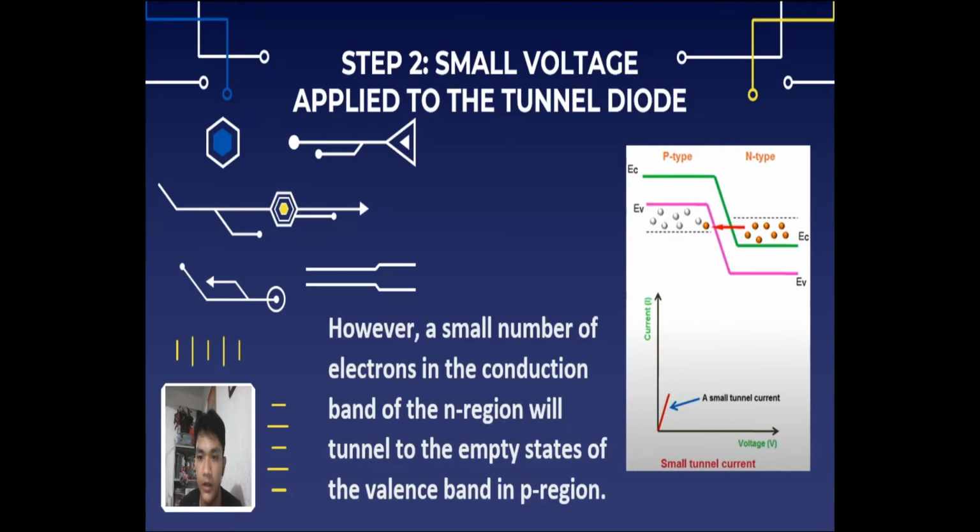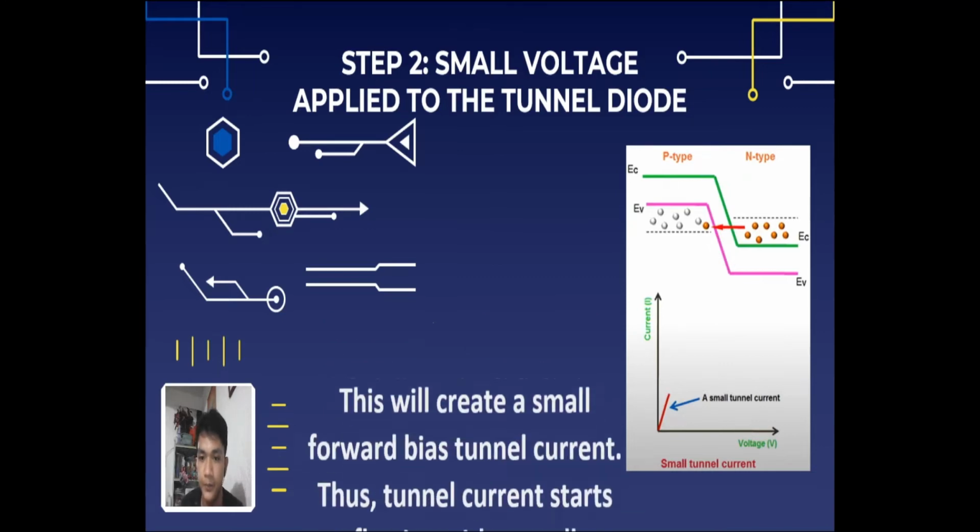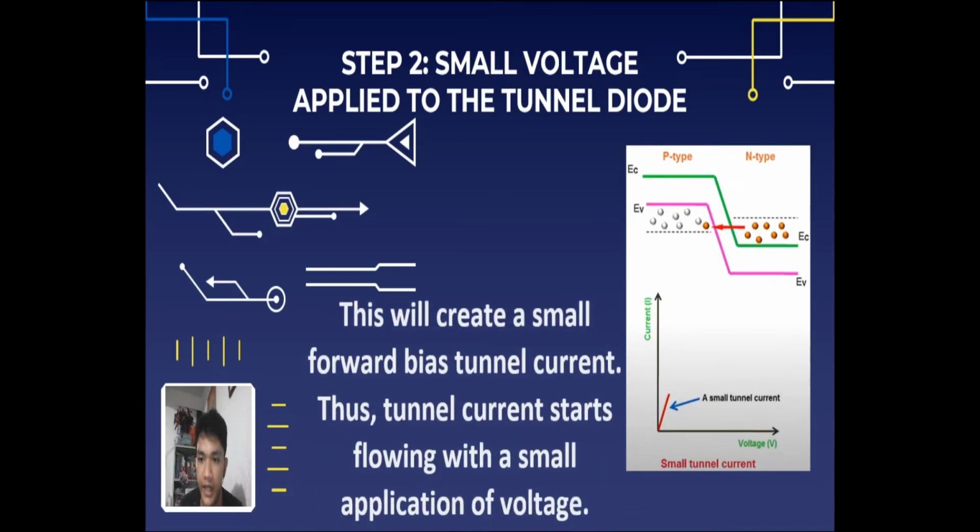However, a small number of electrons in the conduction band of the N region will tunnel to the valence band in the P region. This will create a small forward bias tunnel current. Thus, the tunnel current starts flowing with a small application of voltage.